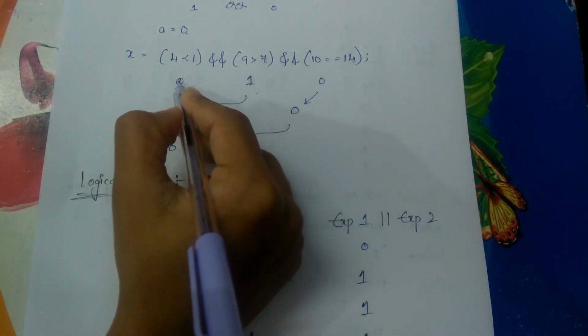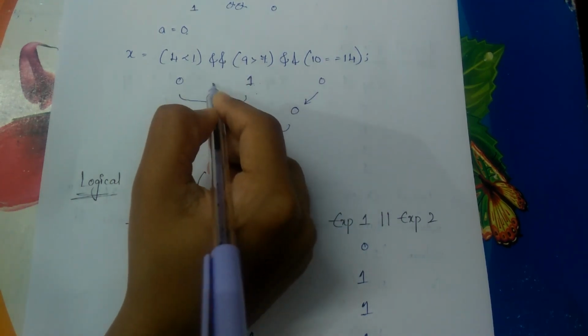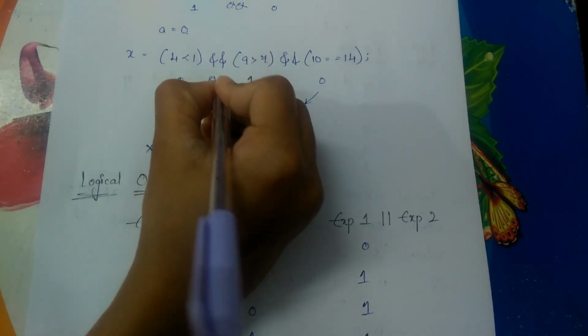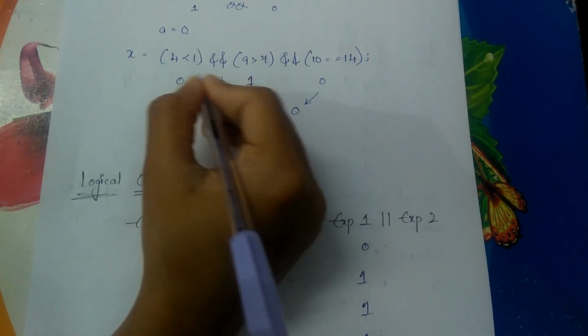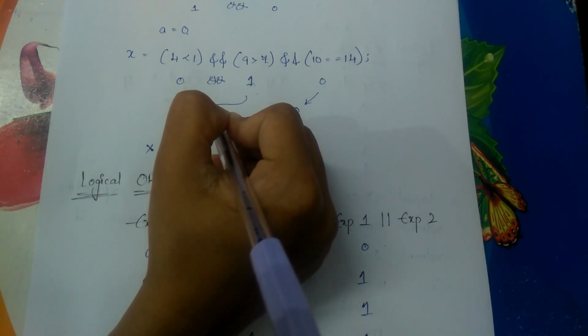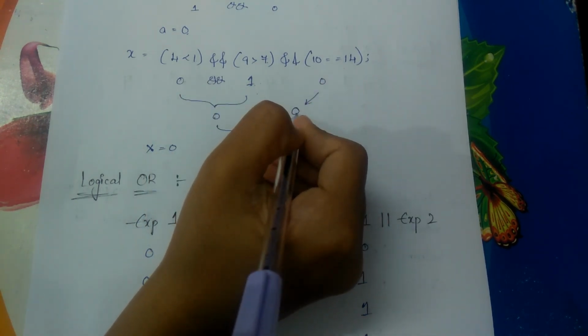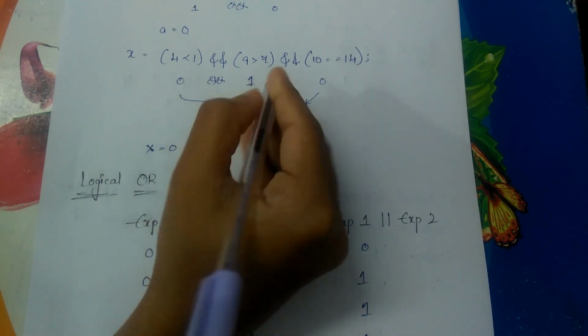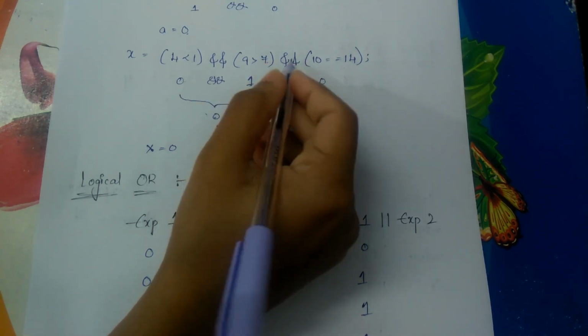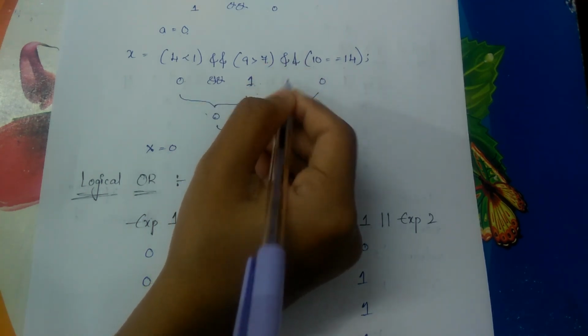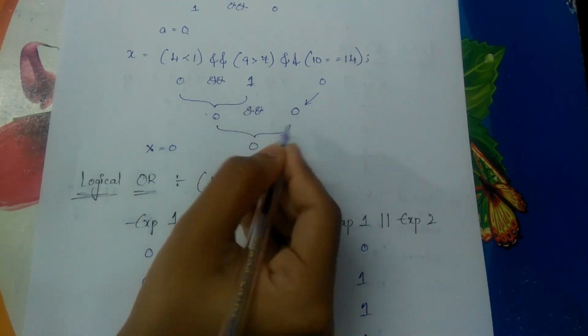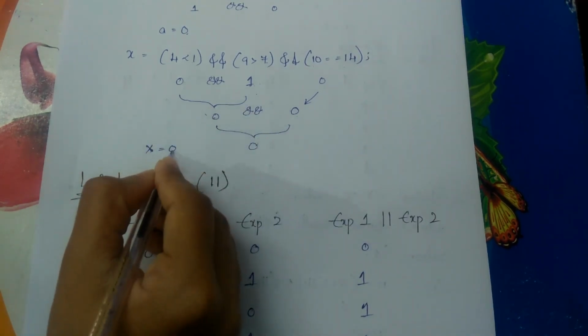First 0 and 1, when we apply the logical AND between these two, gives 0. Now we take that 0 and apply the logical AND with the next one, because the operator here is logical AND. Now 0 and 0 is 0, so finally x equals 0.